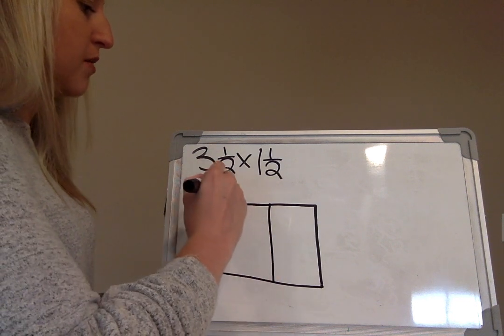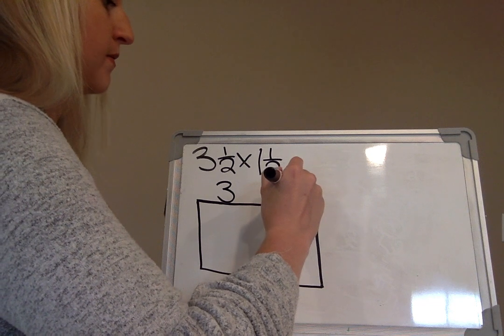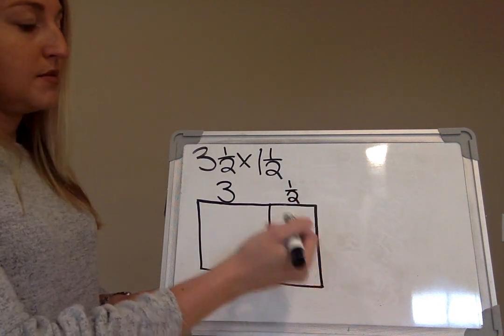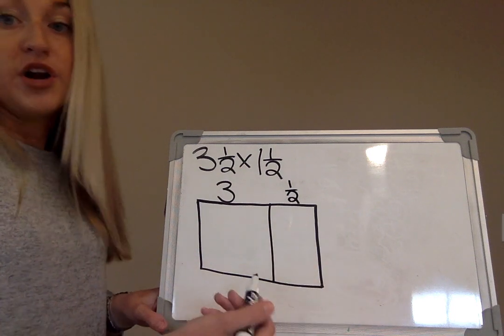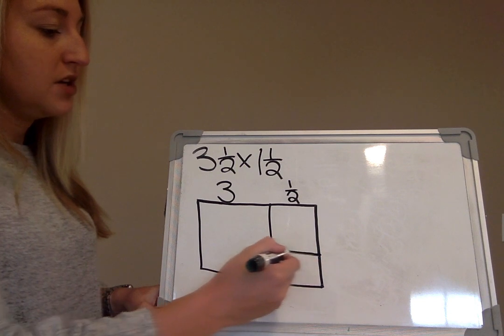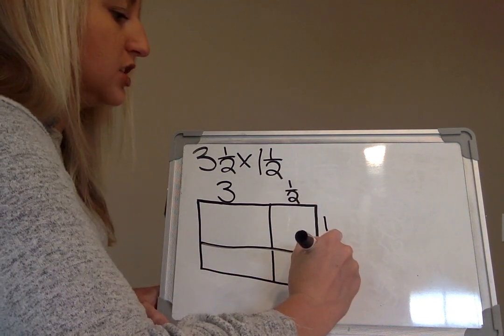We're going to split up our 3 right here from our 1/2. And this time, because it's not just a regular 1, it's 1 and 1/2, it's a mixed number, we have to split it. Just like we did with the length, we're going to split our width over here into two ways too.